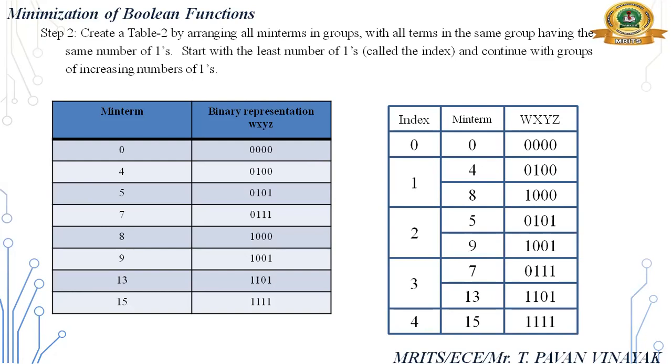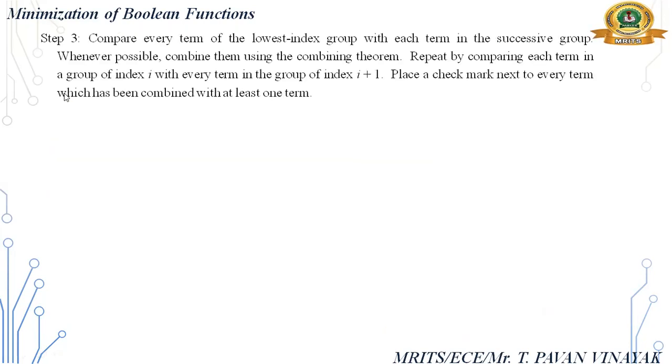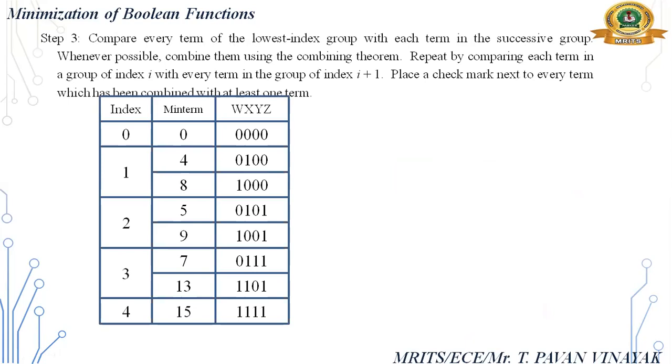Now you have to combine. Go for step 3. Compare every lowest group index with the next higher group, right? So 0 is the lowest index group, 1 is the next group. You have to compare 0 with 4, 0 with 8.